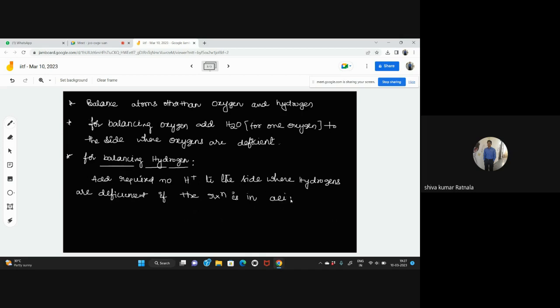In the earlier case, we were not concerned with the medium of reaction. Now here we are concerned with the medium of reaction.